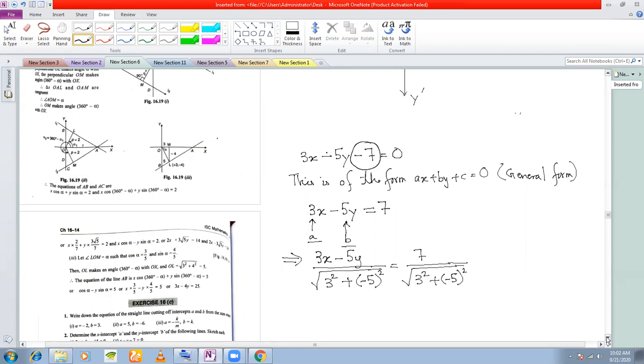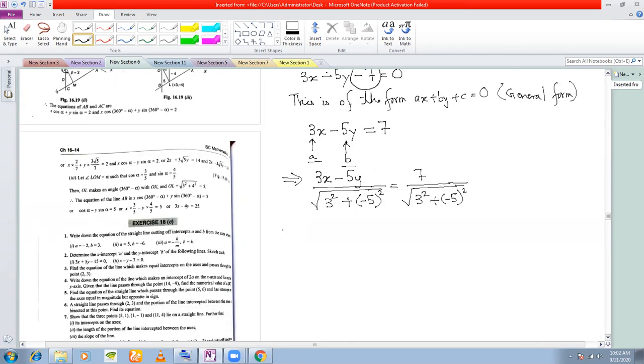So what you get here is 25 plus 9 is 34. So this becomes 3 by root 34 x minus 5 by root 34 y is equal to 7 by root 34.